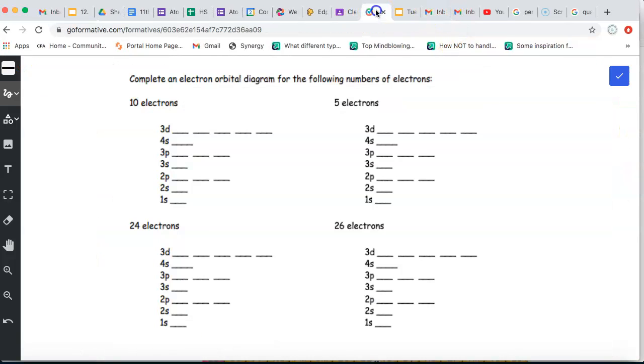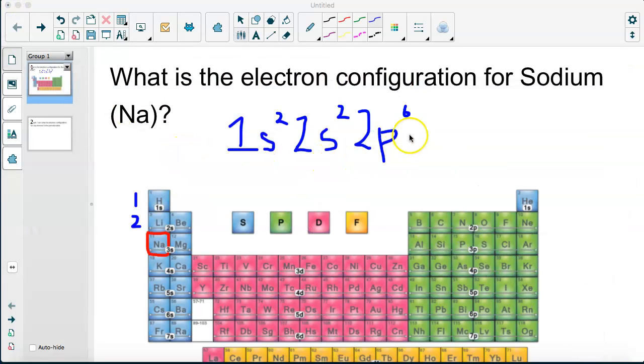When we were looking at our orbital diagrams, the s groups only had 1 room for our pigs. But when we got to a p level, we had 3 rooms. And each room could hold 2 pigs or 2 electrons. So, when we're writing our electron configuration, the 2p group, 3 rooms with 2 electrons each, has a maximum of 6. And there are 6 elements and 6 electrons in that p group.